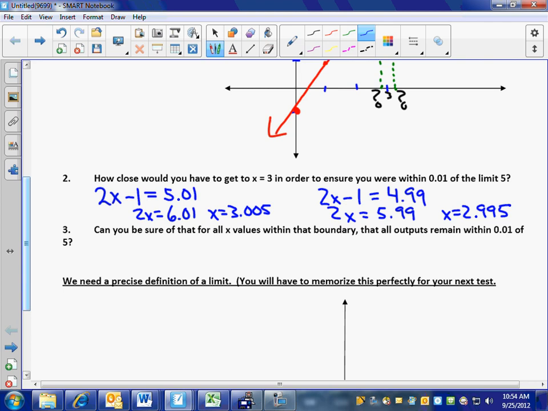So those are my x values right here. That's how close I have to get: 2.995 and 3.005. That will ensure that my outputs are going to be within 100th of a unit.